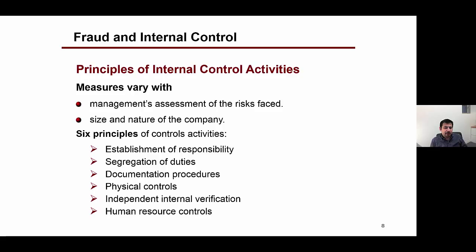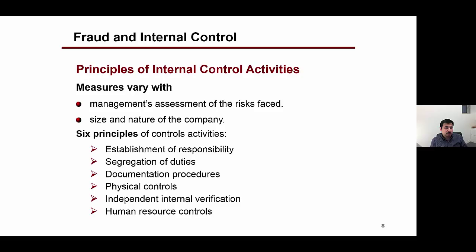The riskier the area, for example, the higher the level of control activities that would be required. Generally speaking, there are 6 principles of control activities. Those are establishment of responsibility. In other words, it is important to make sure that the employee who is responsible can also be held accountable for any errors or mistakes.